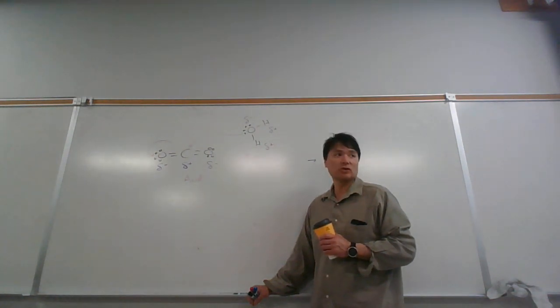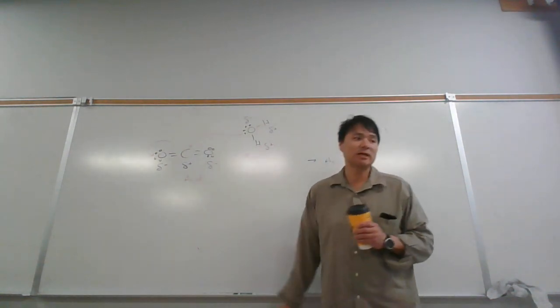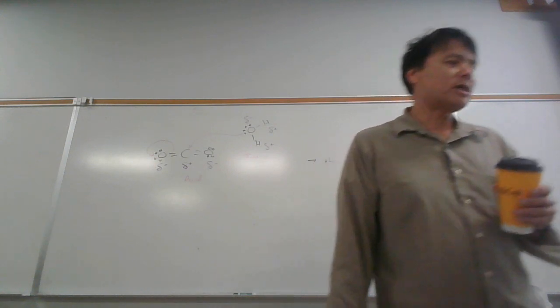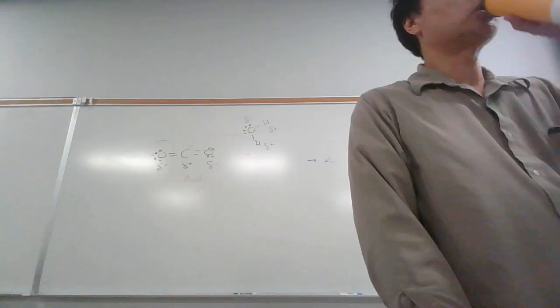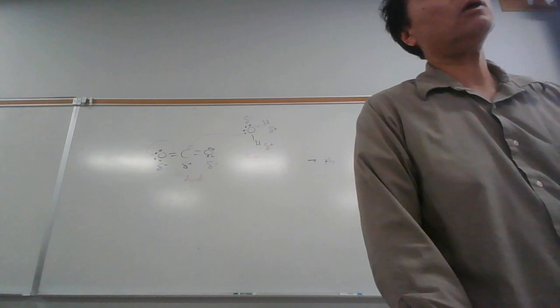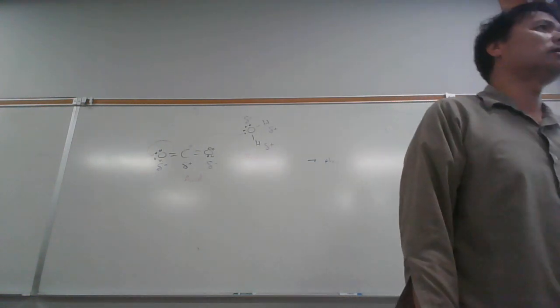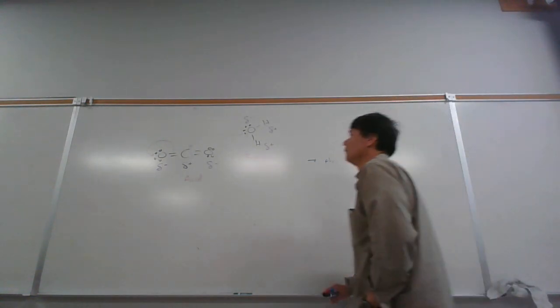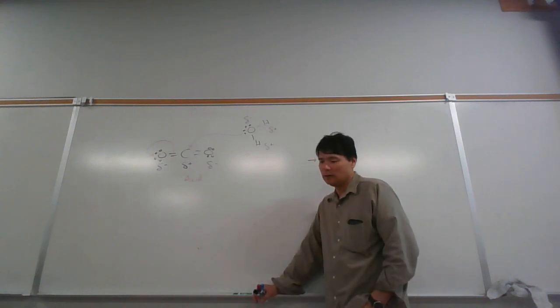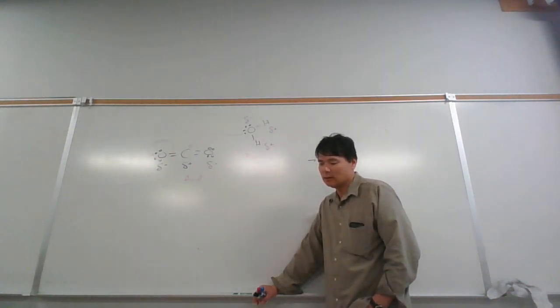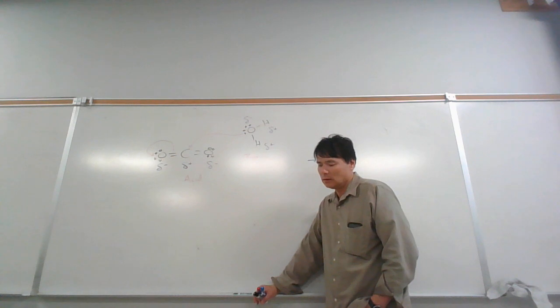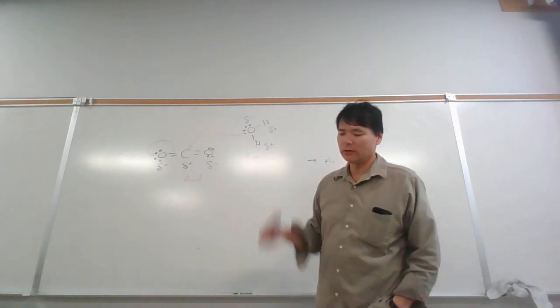It's also a Lewis acid or Brønsted acid-base reaction in which one of the oxygens will pluck a hydrogen. That would be the second step. And then we're at carbonic acid. We did this one a long time ago.